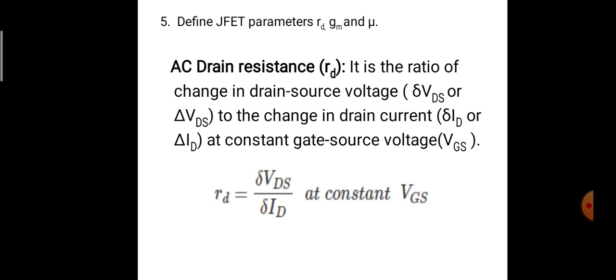It is the ratio of change in drain source voltage to the change in drain current at constant gate source voltage. The mathematical form of drain resistance rd equals delta VDS divided by delta ID at constant VGS.